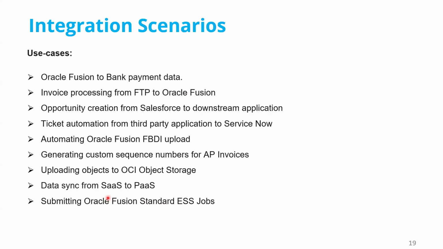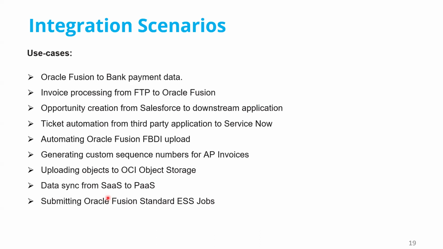These are a few scenarios or use cases. Say you are using Oracle Fusion Cloud and you want to process bank payment data; for that you use OIC. You may want invoice processing from FTP to Fusion: you have a file with invoice data and you want to create invoices in Fusion from that file, so you can use OIC for that.